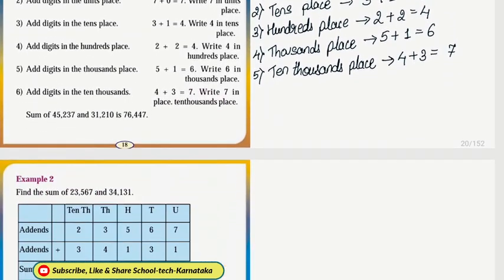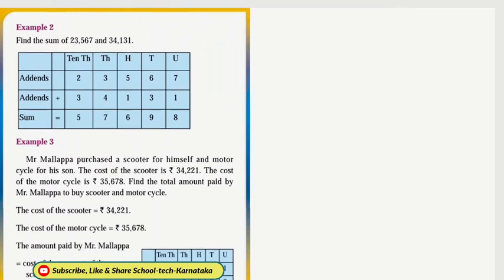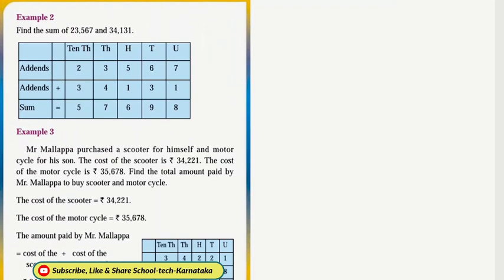Now let's move on to our example 2. So in our example 2, we need to find the sum of 23,567 and 34,131. So let's try to write these in our place value chart first.